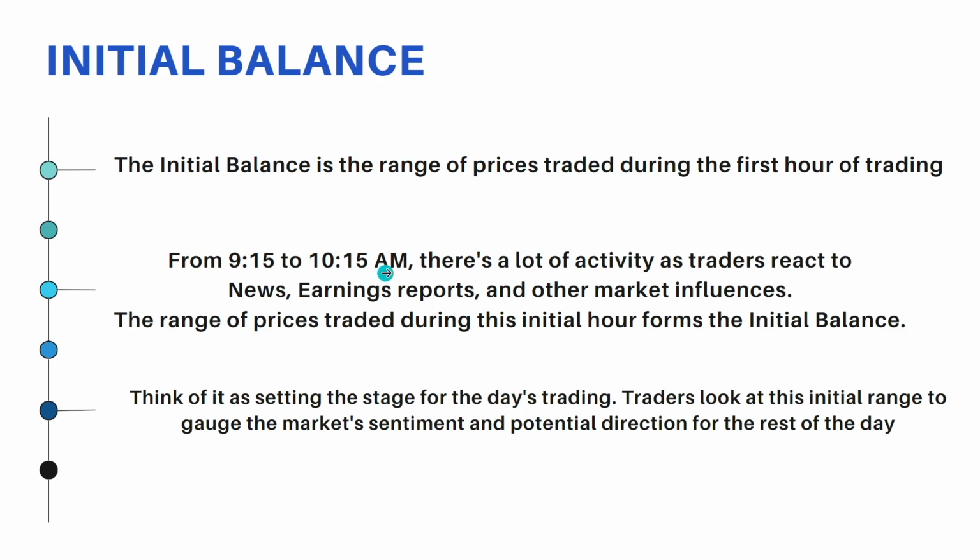From 9:15 to 10:15 am there is a lot of activity as traders react to news, earnings reports and other market influences. Even when the market opens with a huge gap up or gap down, traders also get stuck, and this sort of situation influences the 9:15 to 10:15 trading.